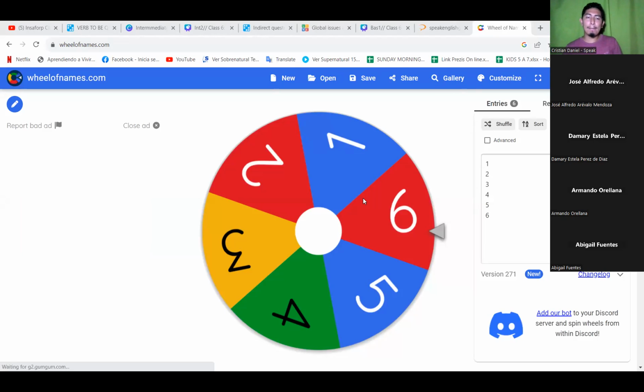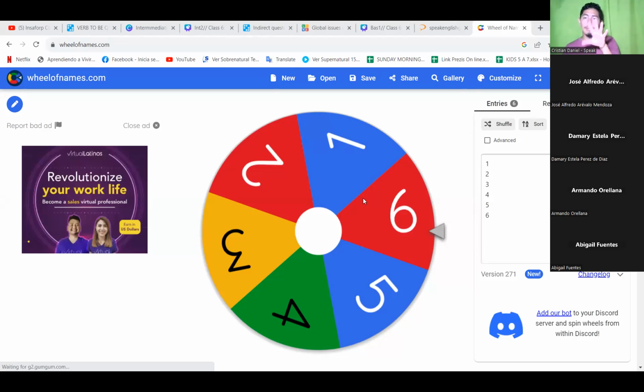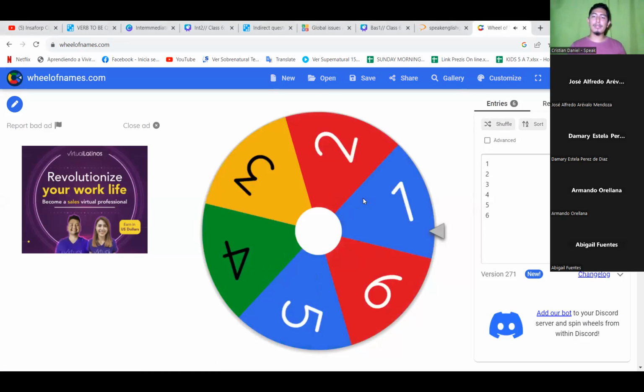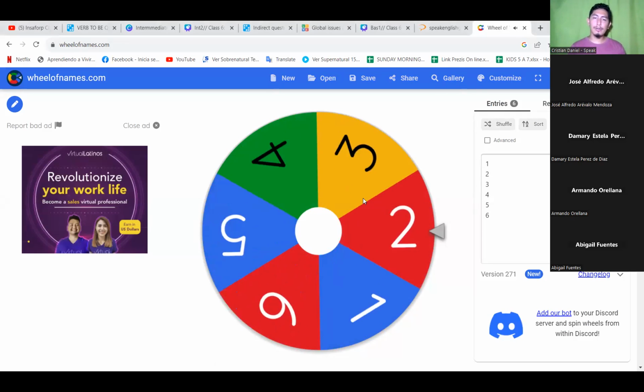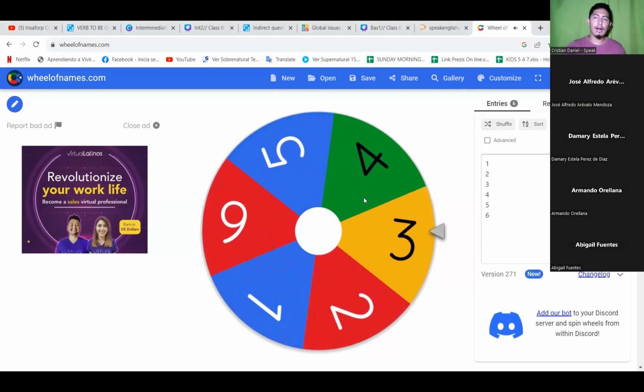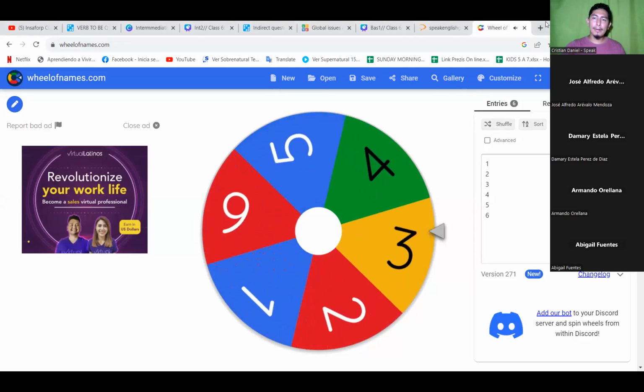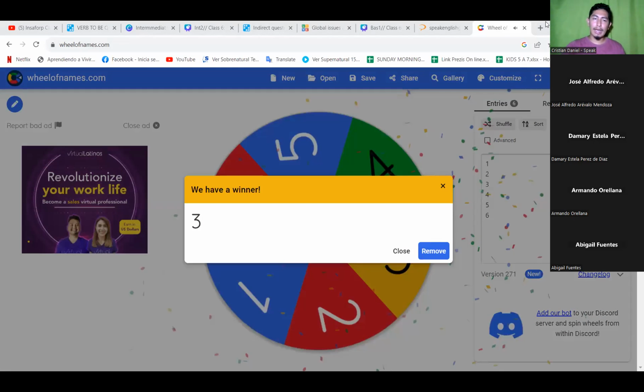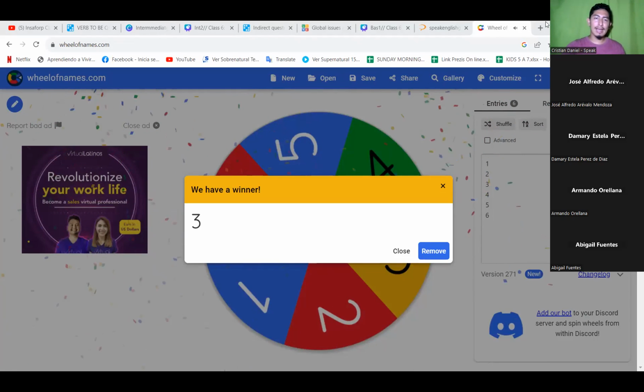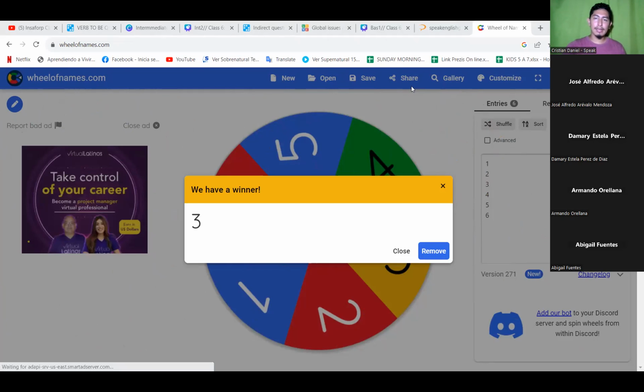If your number appears on the screen, you will participate. The first group who's going to present is group number 3. In room number 3, we have Katia, Dimas, and Evelyn. So they are going to participate right now.